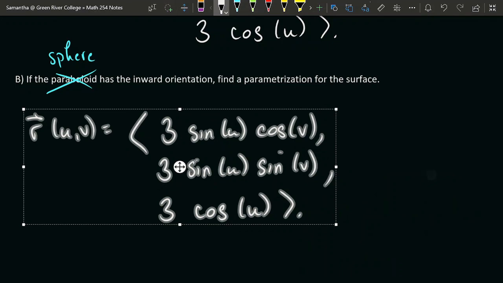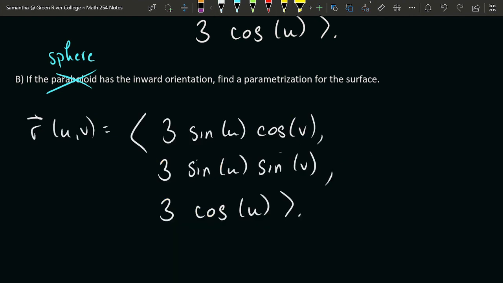I've copy pasted our answer from the previous part. And all I'm going to do now is go into this formula and reverse the position of u and v. And by reversing u and v in our formula, then just like last time, that will succeed in reversing the orientation as well. So this is the parametrization that I would use for a sphere of radius 3 oriented inward.